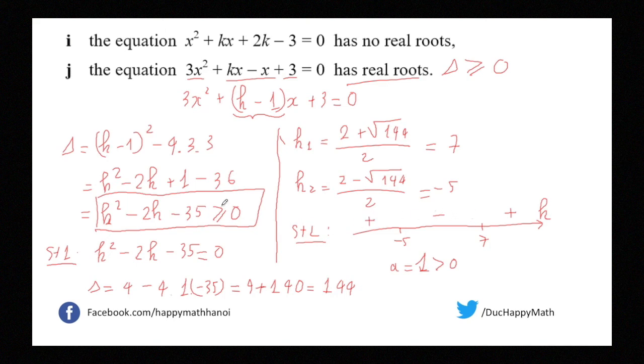I have to find the values positive or equal to 0, so the final result is k has to skip the middle interval. And of course, you have to take both endpoints, so k will be less than or equal to minus 5, and k will be greater than or equal to 7.